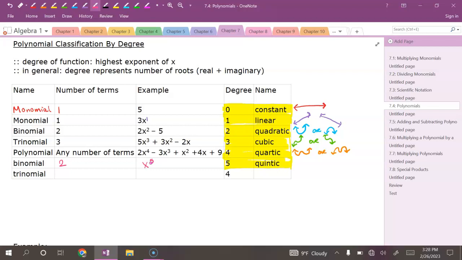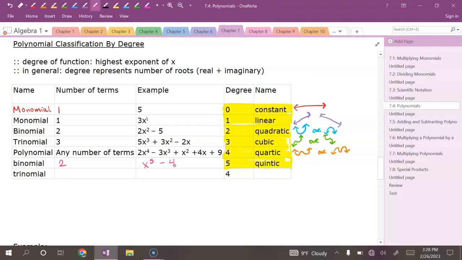It doesn't matter, but you just cannot have x to the 5th, because I need 2 different terms for this binomial. So you could just do minus 4, or you could say minus 4x to the 3rd. You could add on something if you wanted to be a little more fancy with it. But really, that's a great example of a binomial, 2 terms, that has that leading degree of 5.